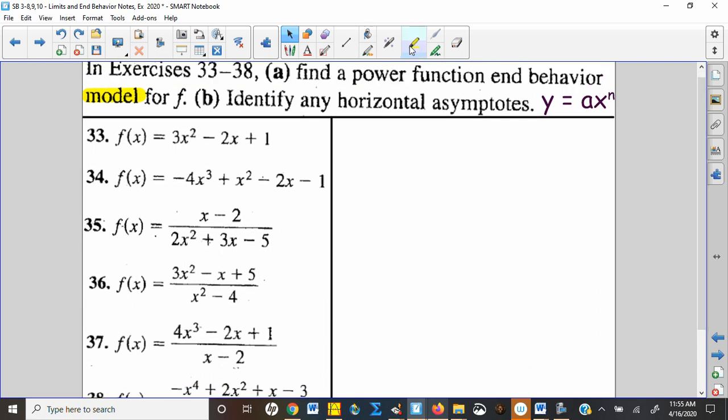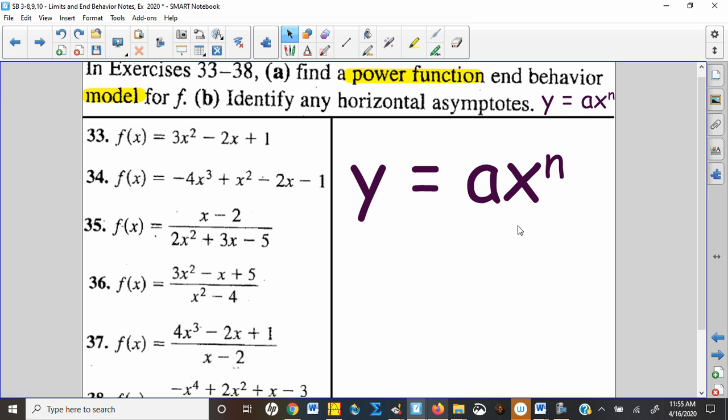First of all, what is a power function? A power function is where you take a single polynomial term, and so it'll have possibly a coefficient A, right? Now, even if it doesn't have one, if it's not showing, then it would be one.